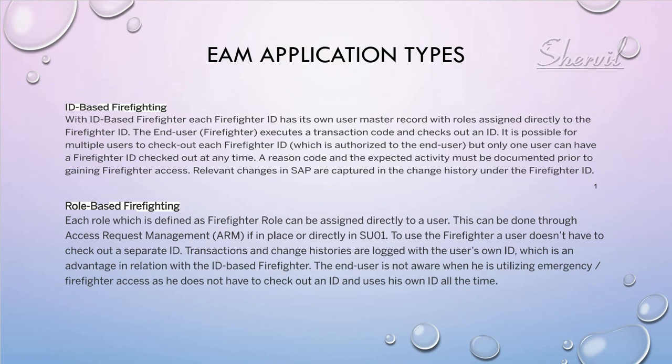In centralized EAM, you set it up on the GRC system, and the GRC system is connected to the plugin systems, ECC, BI, and so on. Firefighters log into the central GRC system and then use the EAM launchpad to connect to the child systems.